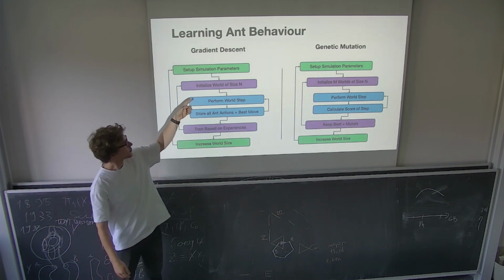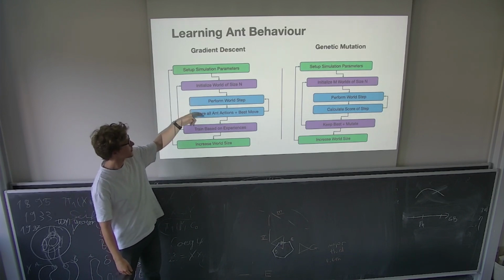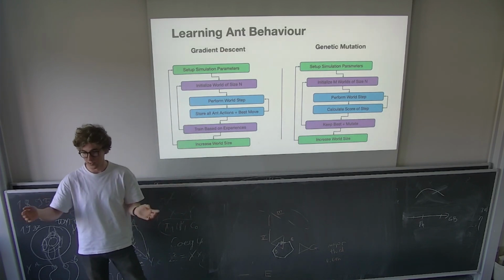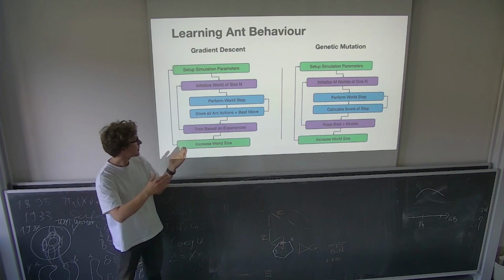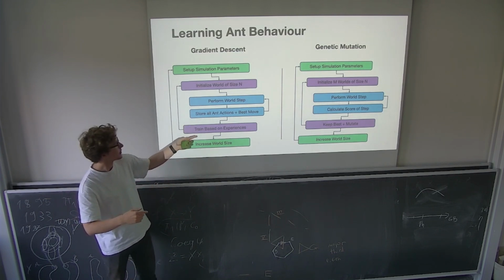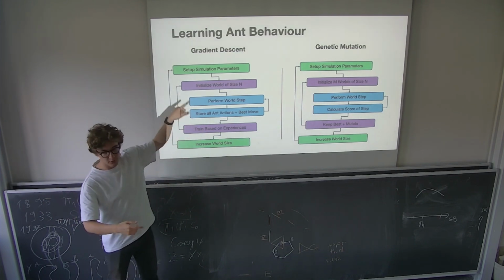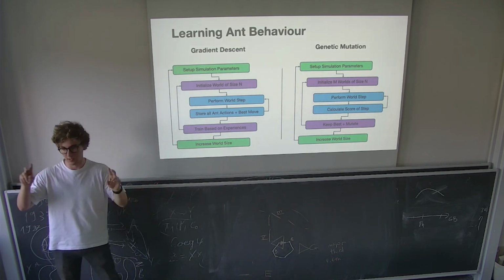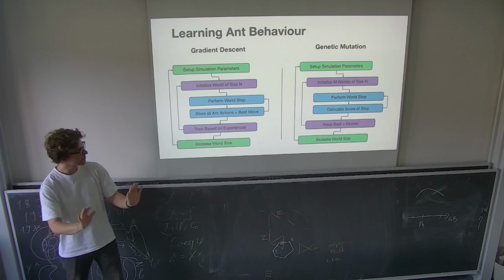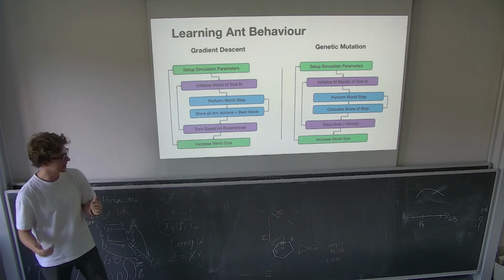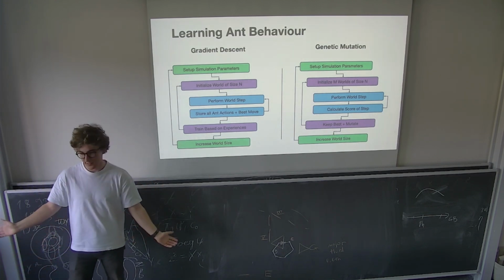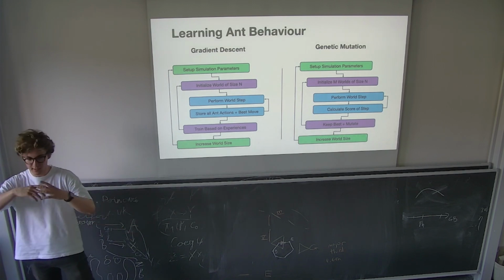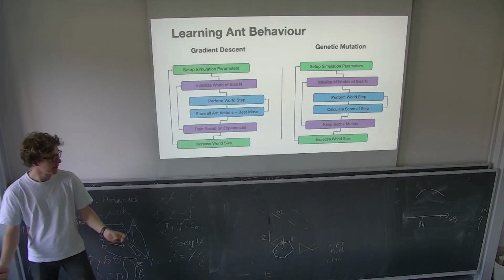And then I'm running this for a certain amount of steps. I'm storing all these best moves and storing all the data. And then based on this, I train my net. Then I redo this for a couple of iterations. Then I'm increasing my system size to make the task harder and harder, to push my system towards getting better. Sadly, this didn't work. They didn't really figure out how to do anything.